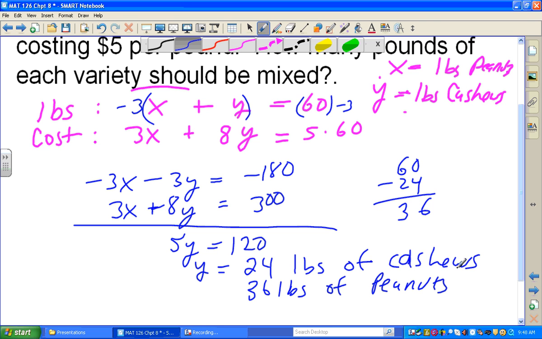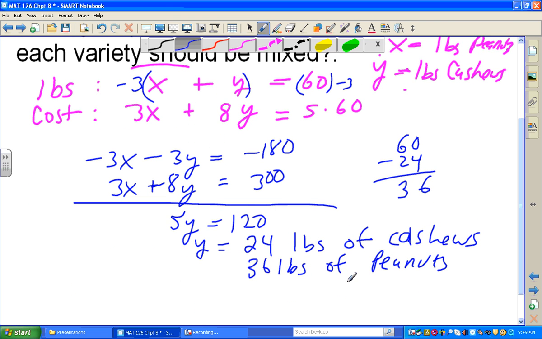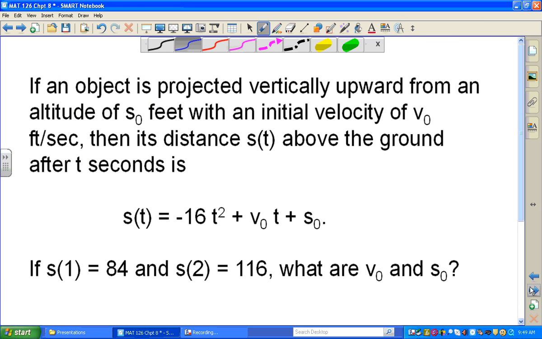Word problems, in parentheses. Okay? So, cashews and peanuts. I think that's probably it. I'll do that one some other time when we're together. Initial velocity: on these, you just put in the numbers and solve for v and s.